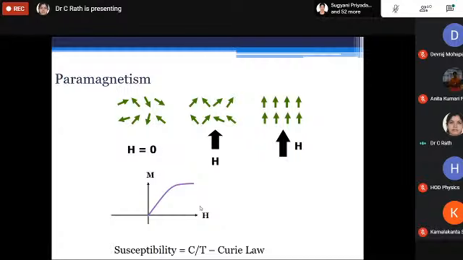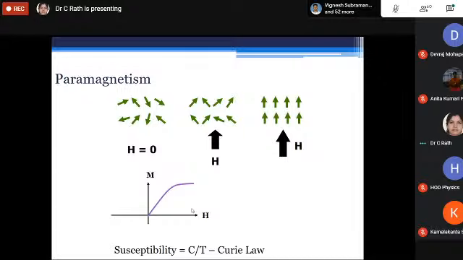And one thing I forgot to tell, in diamagnetic material it is minus 10 to the minus 6 to 10 to the minus 5, very small but negative. And in fact, in superconductors, which have perfect diamagnetism, the susceptibility is minus 1. Exactly the same, the increase in magnetization is exactly equal to the magnetic field.